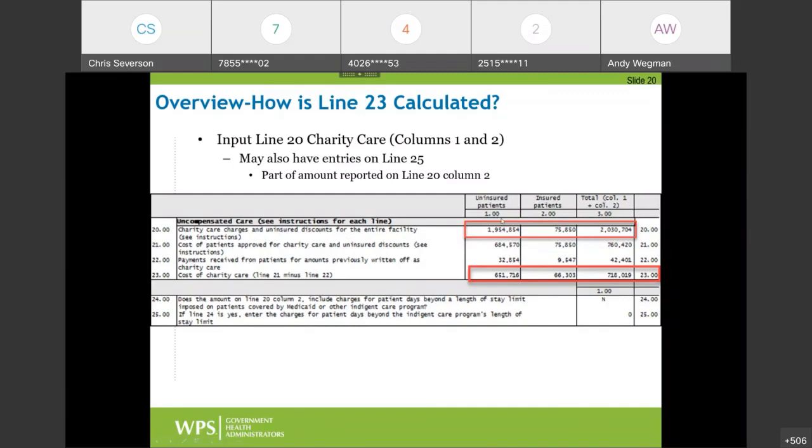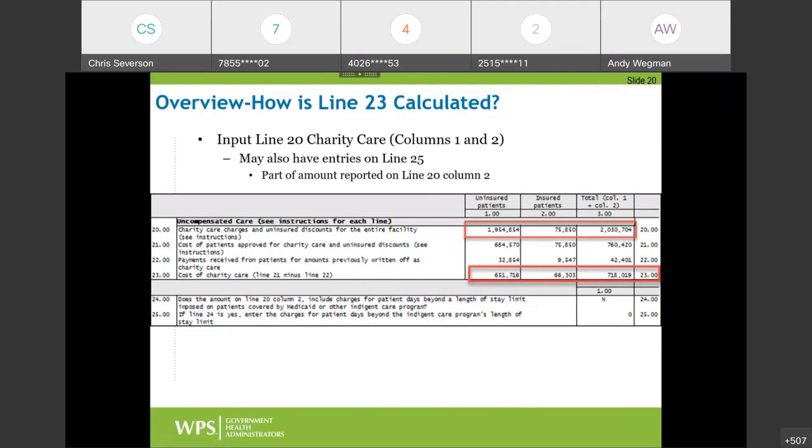And the big important thing here is understanding the difference between these two columns. Column 1 is uninsured, which by its nature should be a charge-based number. And as such, it's going to be reduced by a cost-to-charge ratio, because ultimately we want cost.